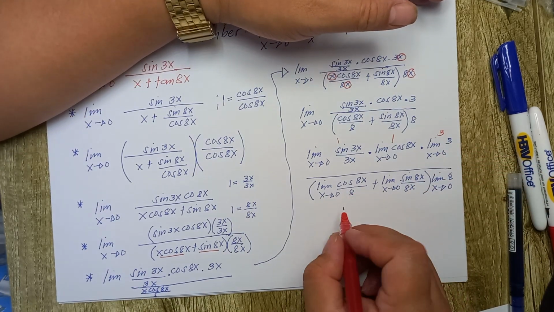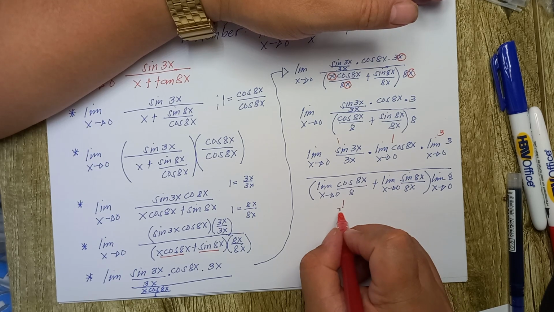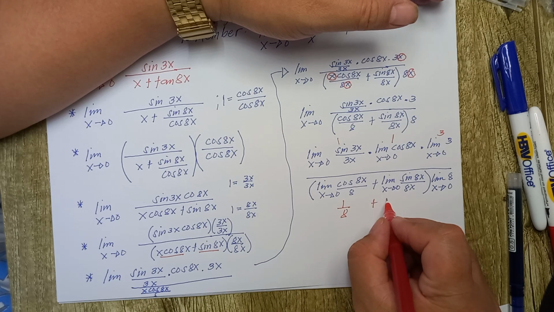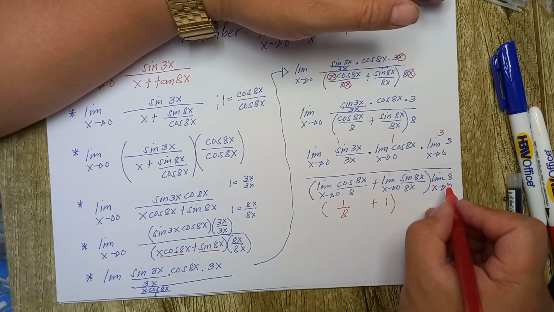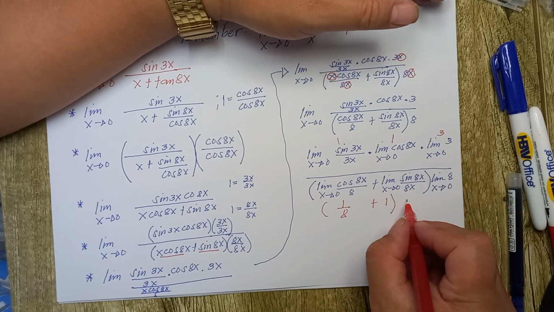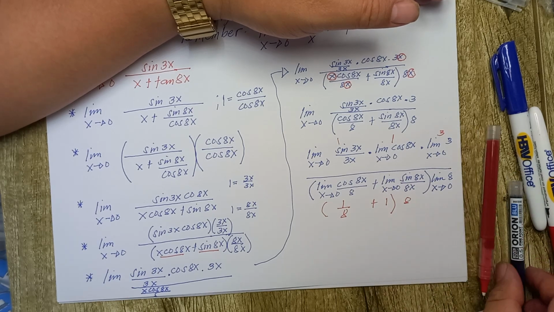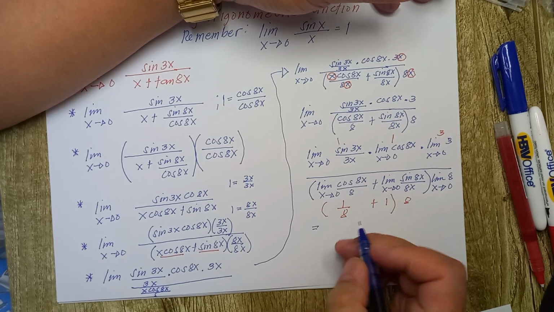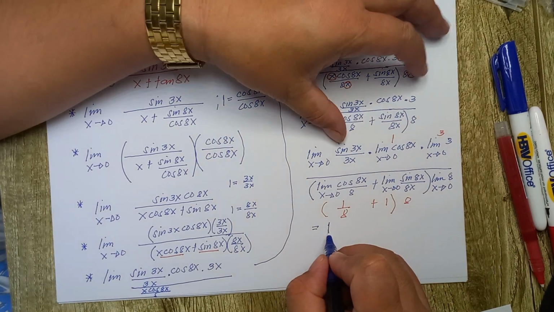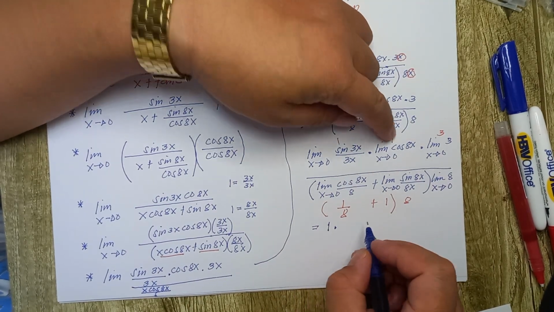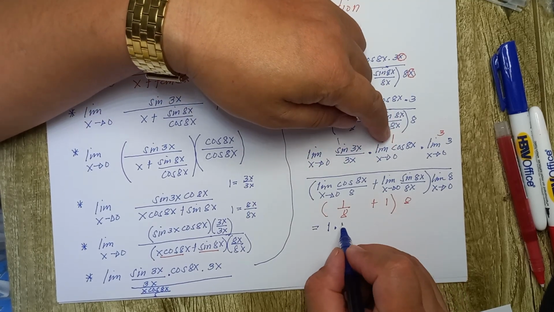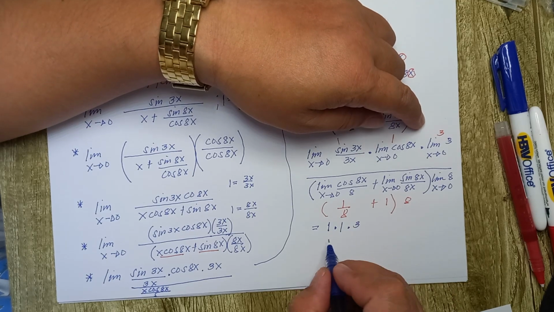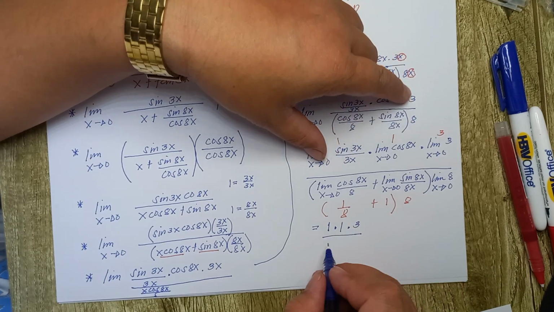This one will give you 1 over 8. How about in here? That is the same as plus 1. Notice, what about the limit of this one? That is the same as 8. So when we continue, we have now a statement saying 1 times the limit of this one, that is the same as 1, times the limit of this one, that is the same as 3, over, how about this one?